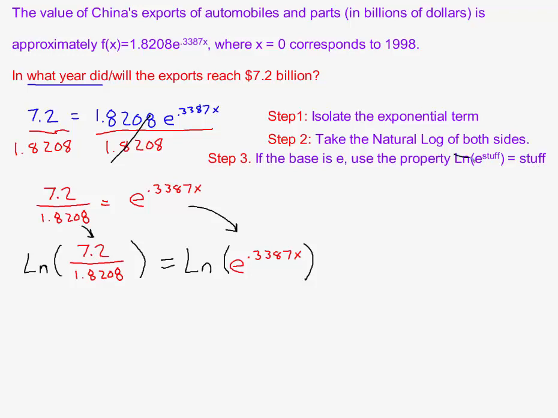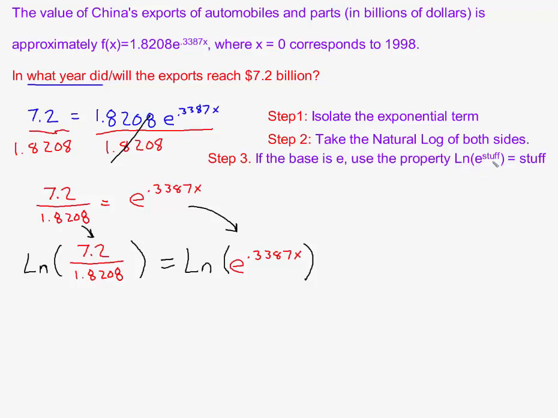You can almost think of it as the ln and e cancel. What's really going on here is you have a base e exponential getting plugged into a base e logarithm. You've composed the two. Whenever you compose two inverse functions, they cancel each other out. Exponentials and logarithms are always inverses of each other, provided they're the same base. Ln is a logarithm of base e, and this is a base e exponential.